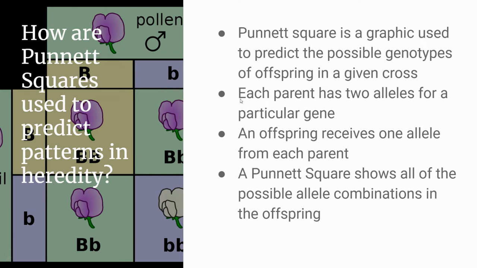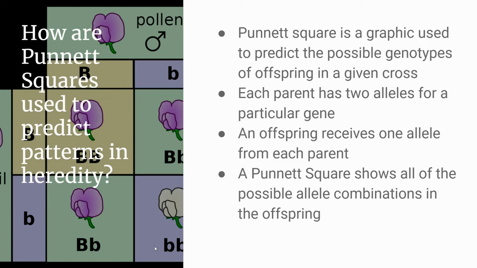Okay, so an offspring receives an allele from each parent. So it receives this allele, and then this is its offspring. So a Punnett square shows all of the possible allele combinations in the offspring. Does that mean that every single offspring, so let's say if somebody has 4 kids, are they going to definitely see these 4 genotypes?